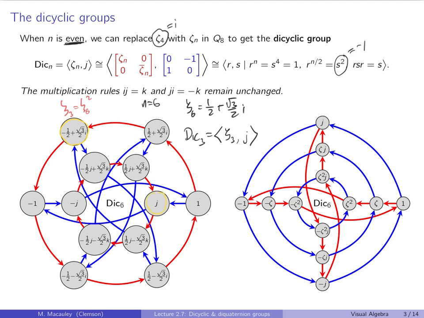So I claim that these two elements actually generate all of dic6. And to see that, when we have j, we can follow the blue arrows. We have these 4 elements. We have zeta 3, that's here. And now if we follow j, we have all of these elements. And then you multiply by zeta 3 again, you get down here. And now you have all of these elements, so you get all of the elements.